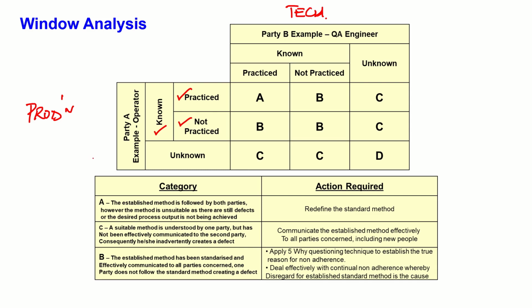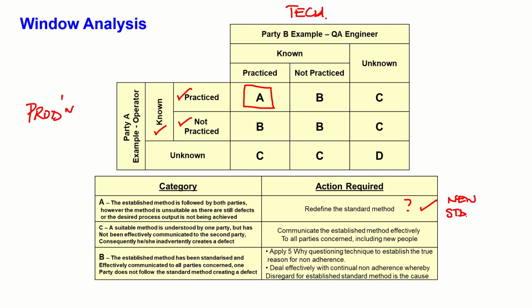So if what you've got is window A there, both parties know the standard, both parties practice the standard. Well, then what it says, look, you've got an established method by both parties, but it's unsuitable because we're still getting defects. So what that's telling you is your control method isn't good enough.